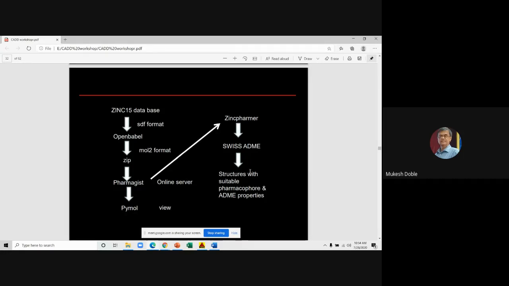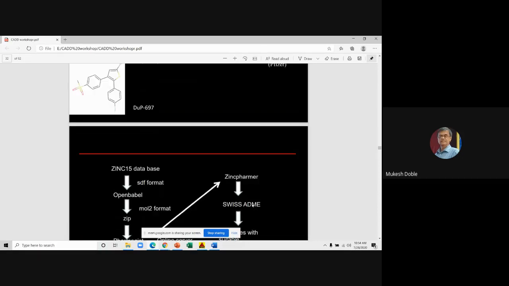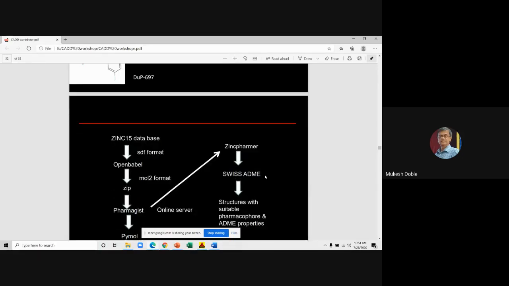So we would have identified in the end new lead molecules which have this pharmacophore and also satisfy all the drug likeness properties.